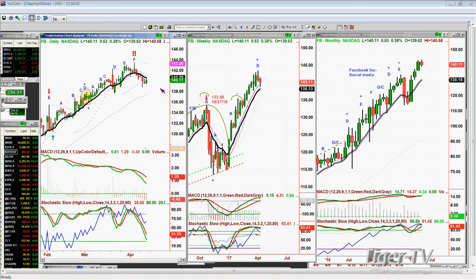In fact, Facebook at 140 made a high of 143.44 on the 5th, and it's only down 3 points, but until it takes out and closes decisively below the low of the 22nd at 137.60 after that peak D, this weekly chart could just go sideways for a little while. So we might be using time rather than price.